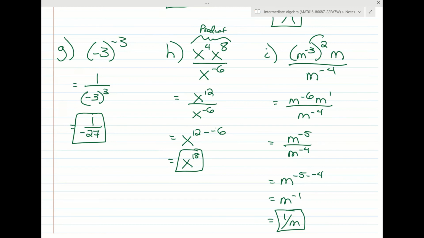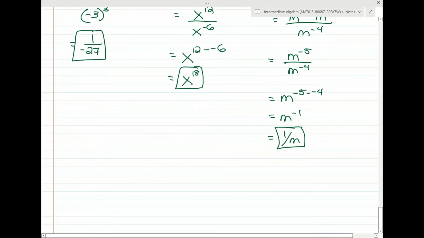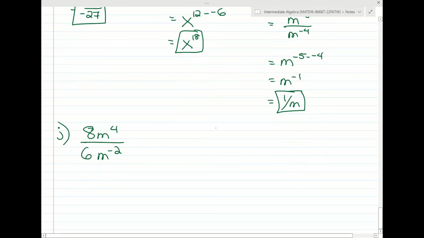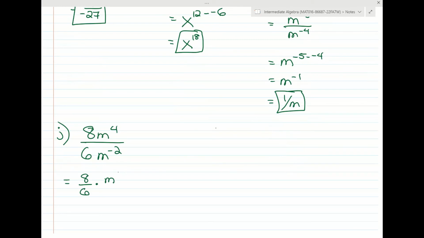A couple more examples here. If we had 8m to the 4th divided by 6m to the negative 2nd. Well, similarly to before, we could do 8 over 6, we'll reduce that, and we'll reduce this fraction. 8 over 6 is the same as just 4/3. 4 minus negative 2 is 6.